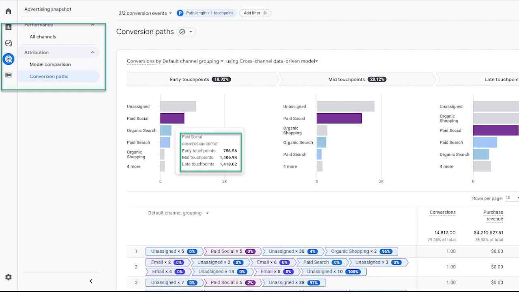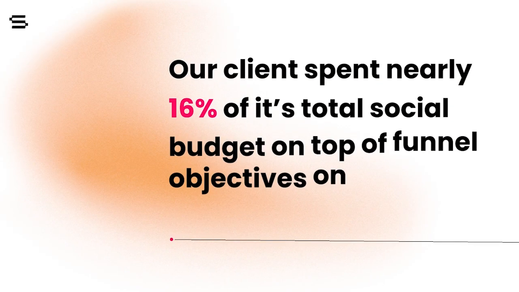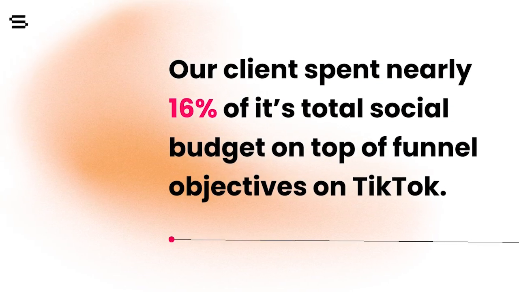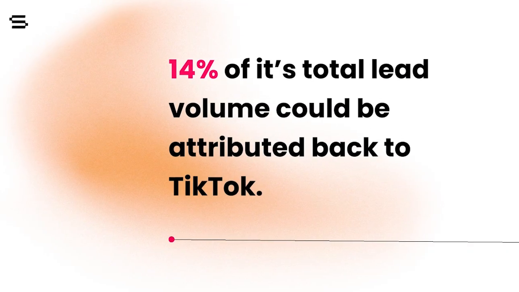So this can really help us see and show the value of our marketing efforts and really how each platform is successful. And we use this data to dig in for a client who is running on TikTok and also running on social platforms like Facebook and Pinterest, and is running heavy on Google search platforms. We found that for this client, they spent nearly 16% of their total social budget in top funnel objectives on TikTok. And when we looked back at the conversion data, 14% of its total lead volume could be attributed back to TikTok.